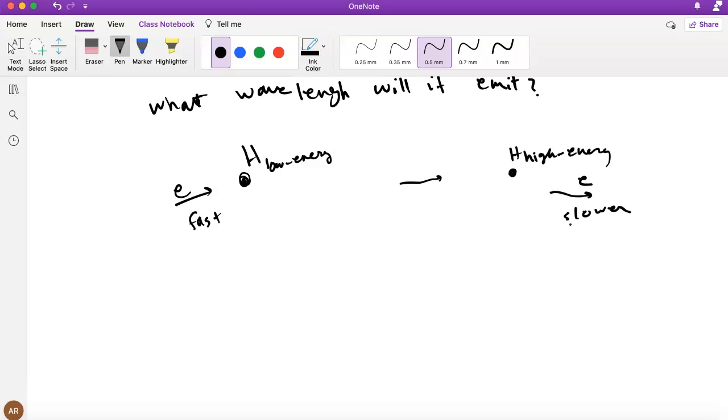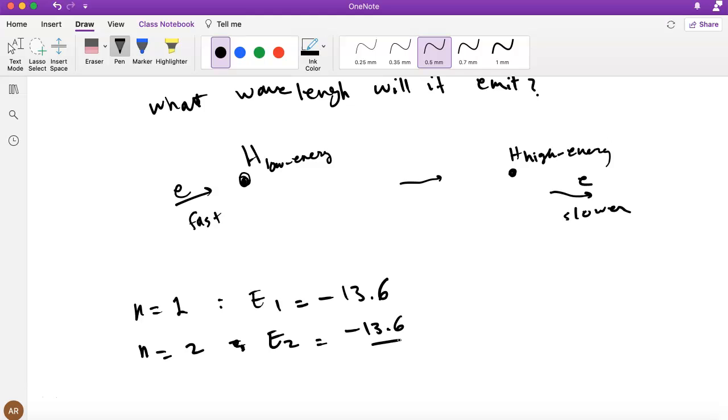Okay, so let's see what are the levels it can get excited to. Well, we know that n equal 1 has E1 equal minus 13.6. N equal 2 has E2, which is minus 13.6 over 4, right? That's 2 squared, so that's minus 3.4 electron volts.